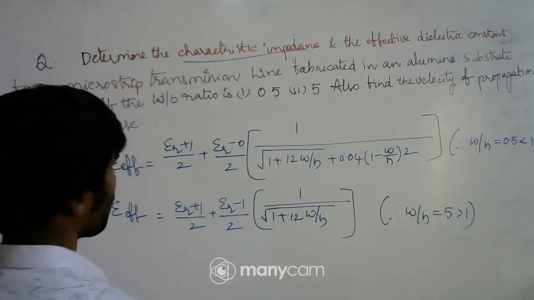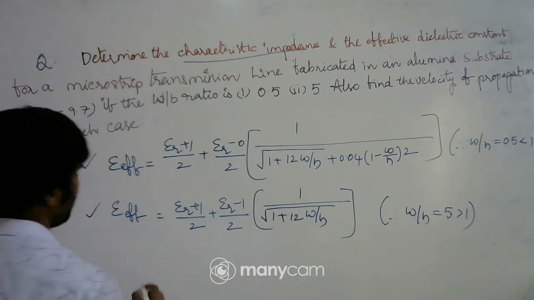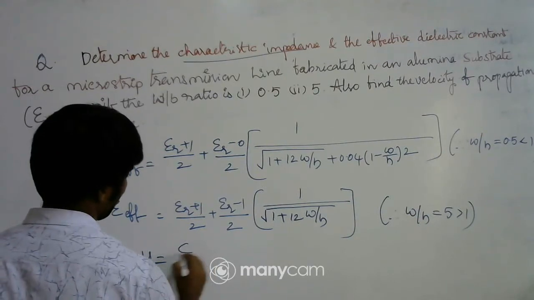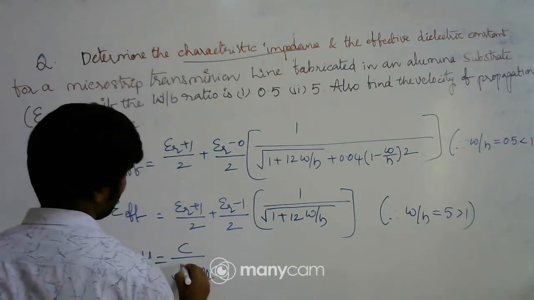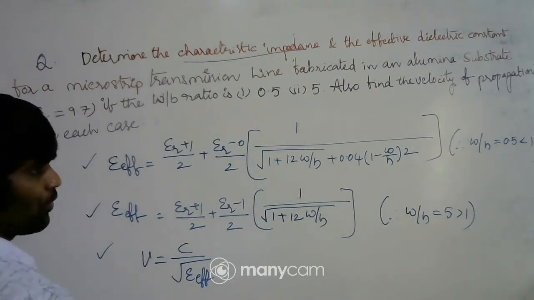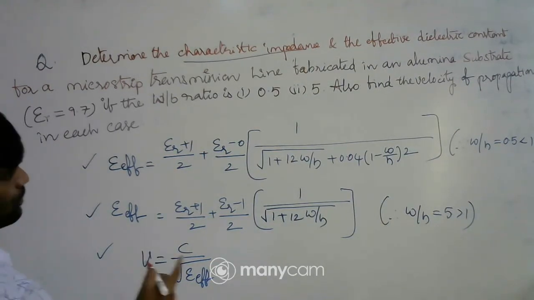For finding the velocity of propagation, the formula is the same. V is equals to C divided by square root epsilon effective dielectric constant, for both cases. This is the same, but one more formula, the characteristic impedance, is different.